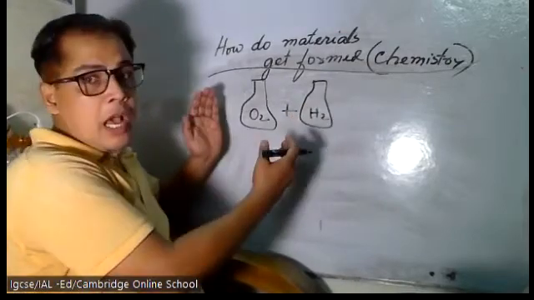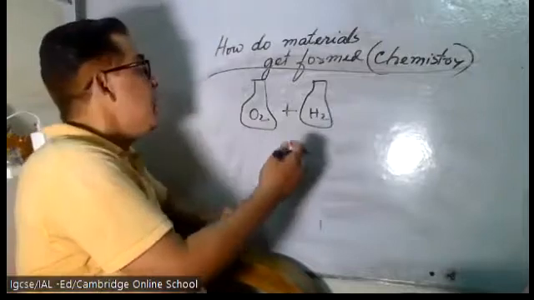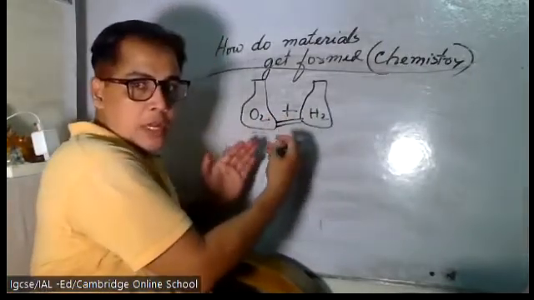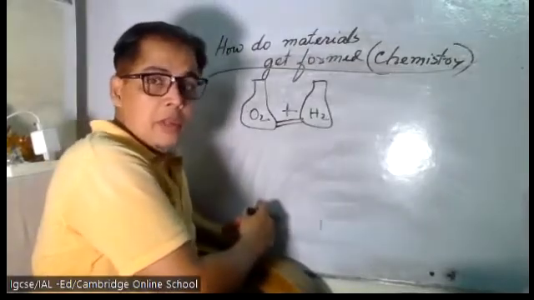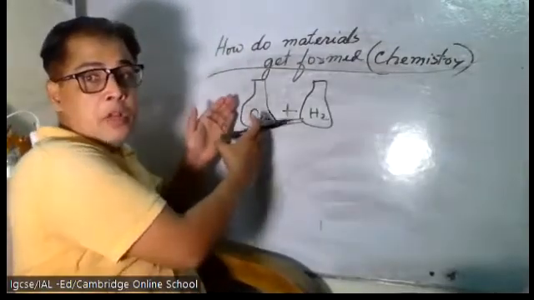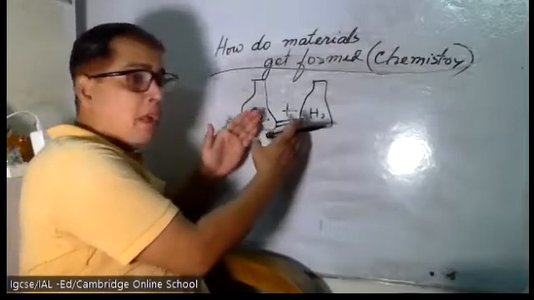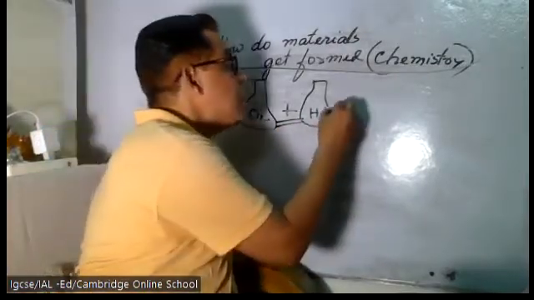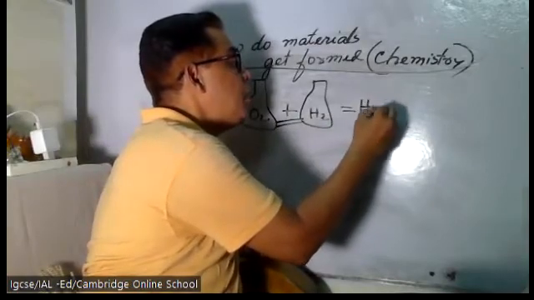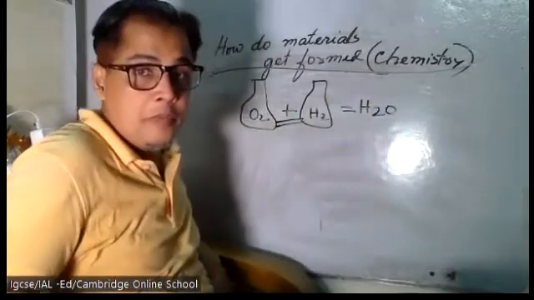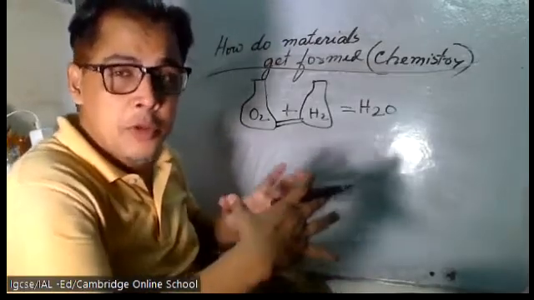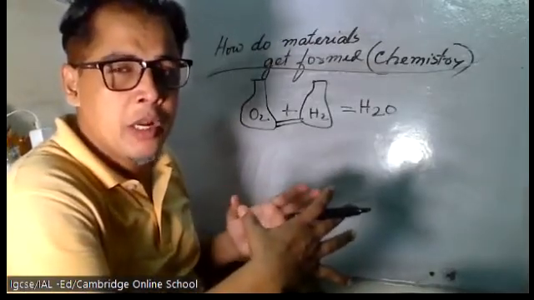If these two jars get connected, from the huge number of oxygen and the huge number of hydrogen, water will be produced under some conditions of pressure and temperature.